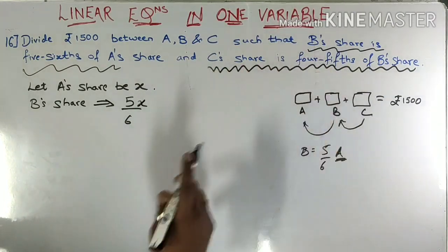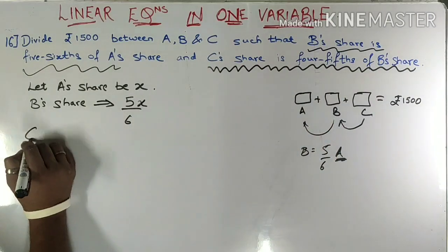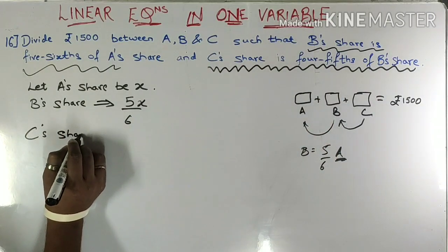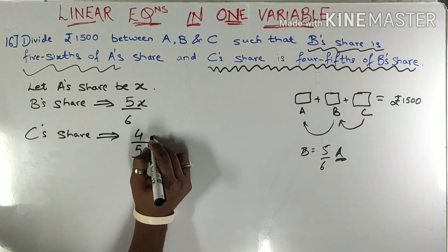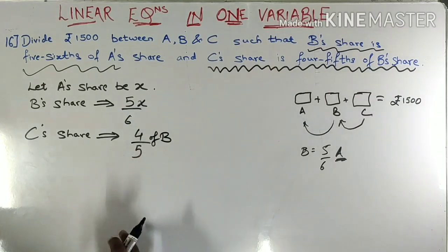Now C's share is 4/5 of B. So C's share is nothing but 4/5 of B.